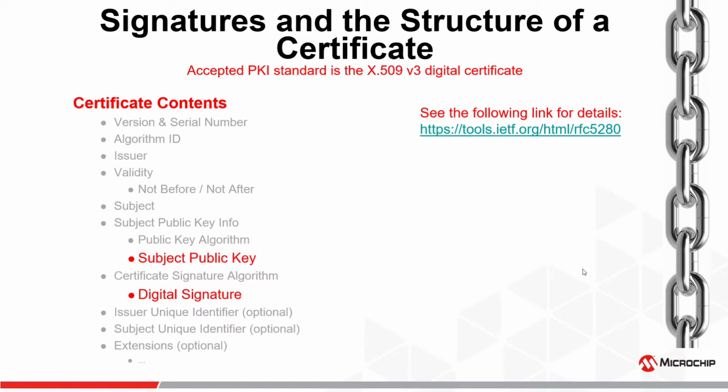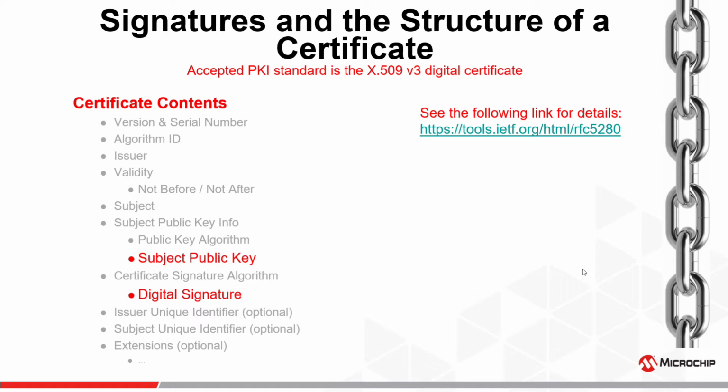But that's not always the case. Sometimes we have to interoperate with other vendors' devices. So we have this X.509 certificate with a lot more information in it. Notice the second line says algorithm ID. Other vendors might not know you're using, say, SHA-256 or AES-128 or whatever. You have to tell them.